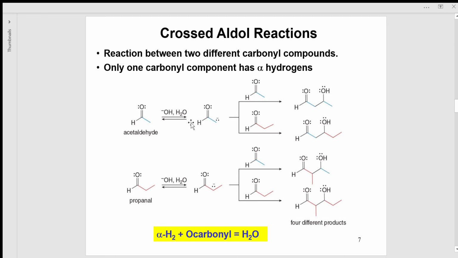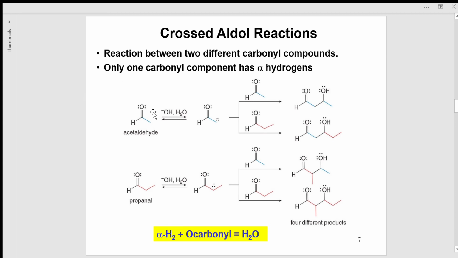The only good application is when only one of the carbonyl groups has alpha hydrogen. Do I have an example here? No, I don't have an example here. An aldol condensation reaction is between two carbonyl molecules.